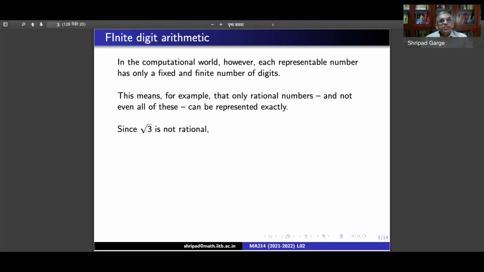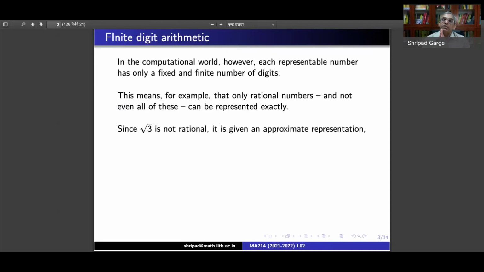So for instance, since root 3 is not a rational number, it will be given an approximate representation. There will be a rational number which is reasonably close to root 3, and when the calculator works, it will work with that particular approximation.